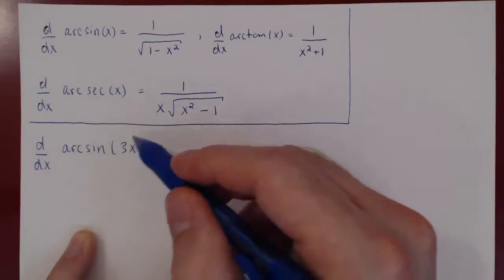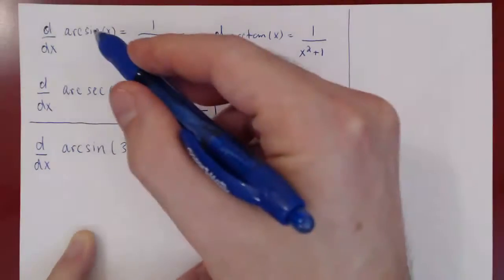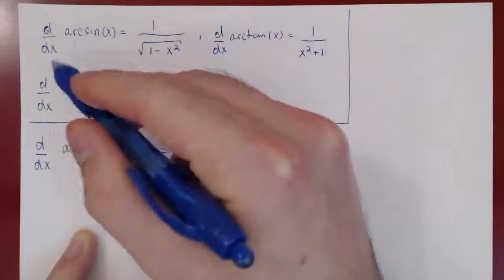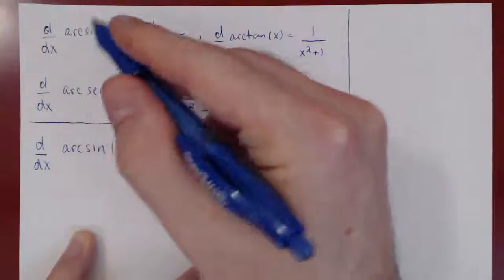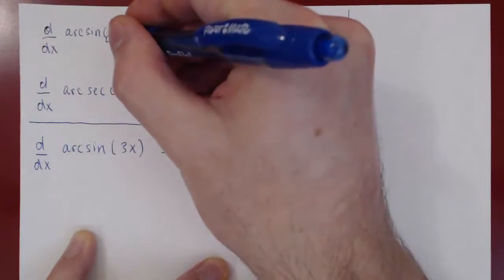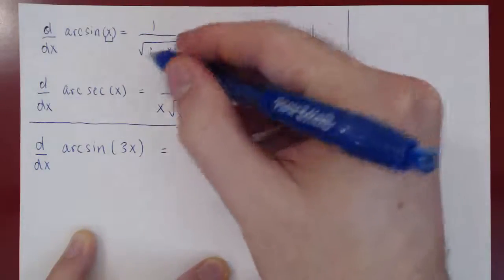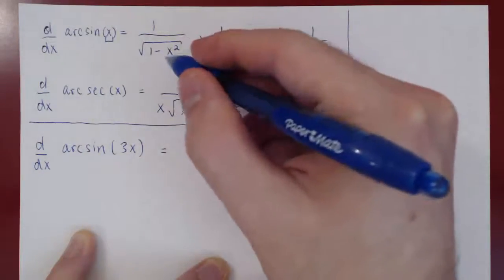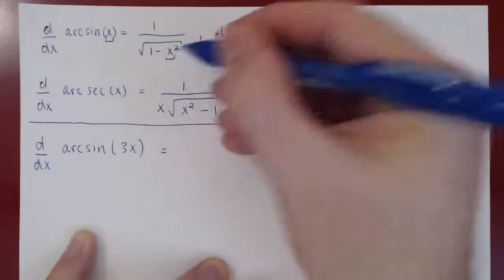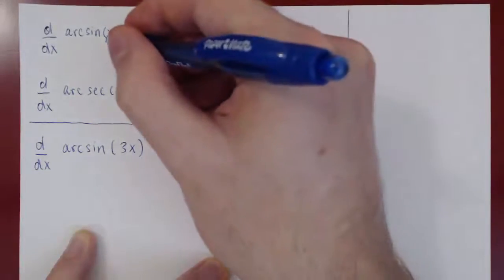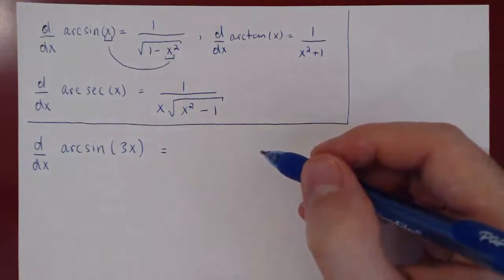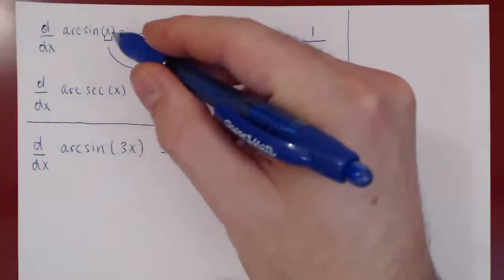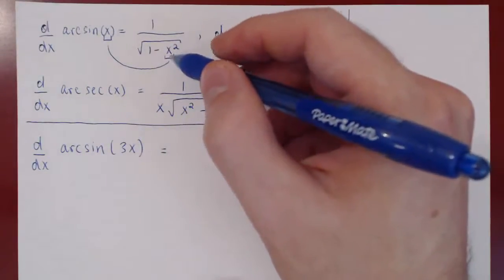And here's where you have to be careful with the 3x. If you look at the formula for the derivative of arcsine of x, it says the derivative of arcsine of a variable is 1 over the root of 1 minus the variable squared. So here x is the argument, but again x is a variable, so whatever x here is, you have to plug it in here, right?